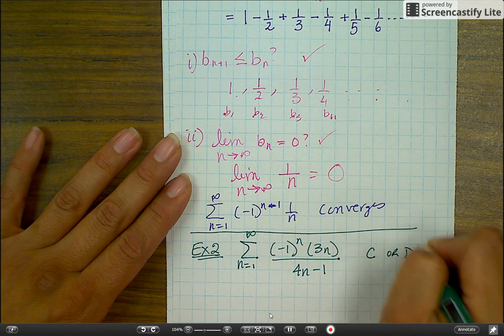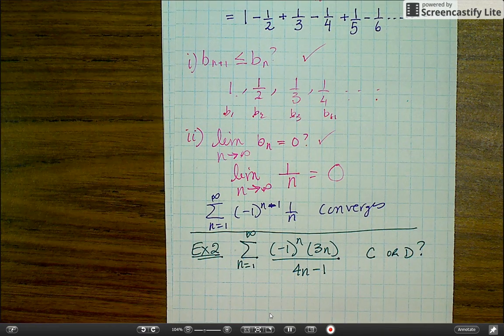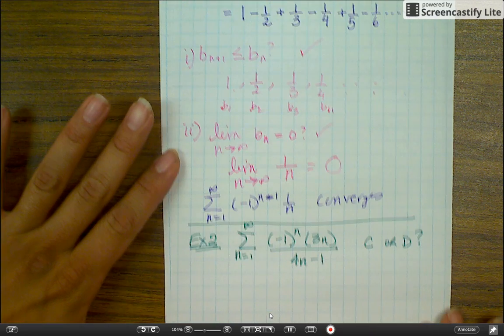Convergent or divergent? That is the question. All right, so our go-to test when we see something that's alternating is the alternating series test. See if those conditions apply, and then we can do it. If not, then we have to go do something else, obviously.